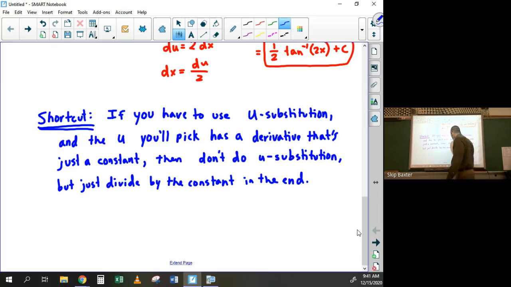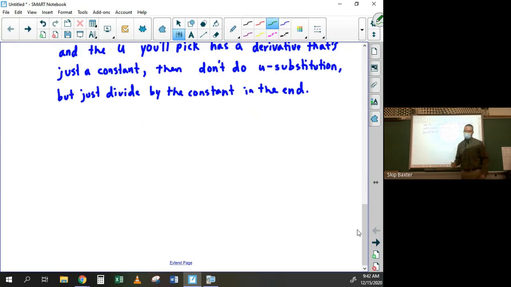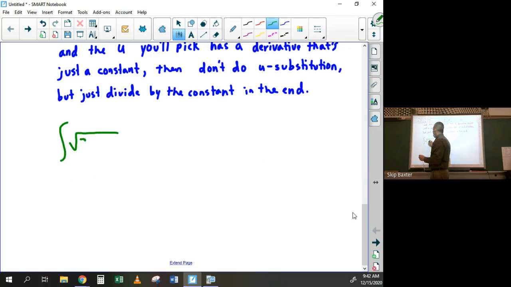Let me give you a couple of examples of this shortcut, then we'll go back to the inverse trig. So let me get my notes from yesterday and see if I can find some examples like that. So for example, let's say you have something like the integral of the square root of 3 minus 2x dx.